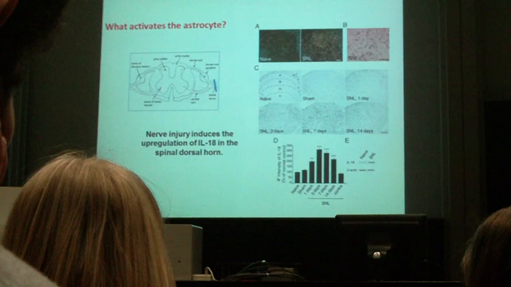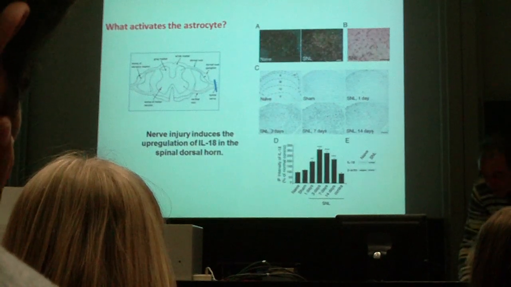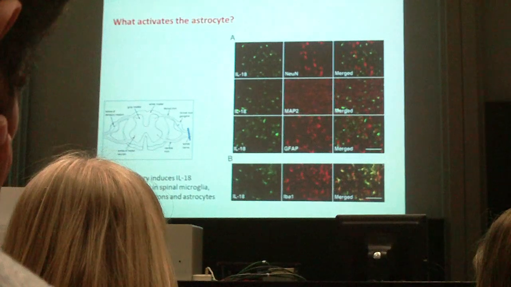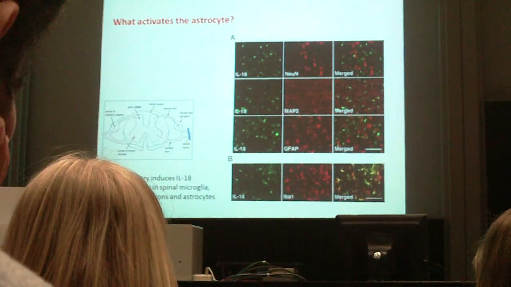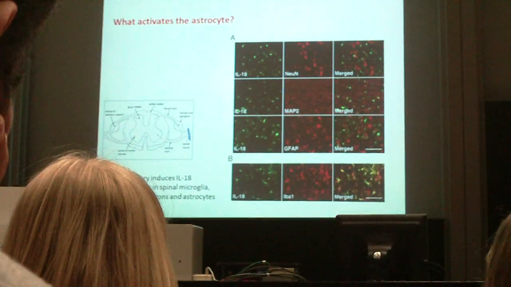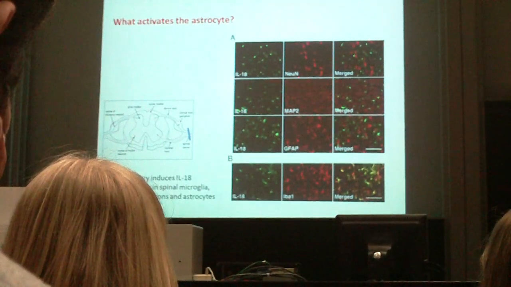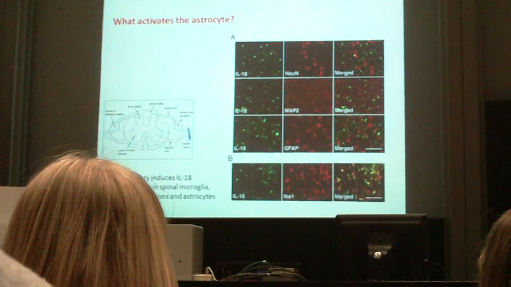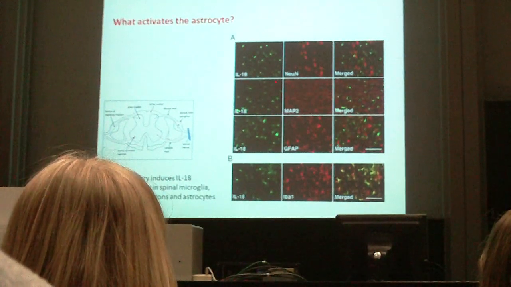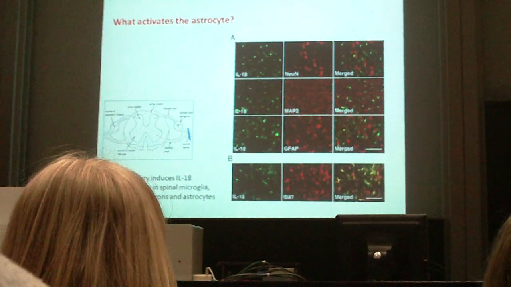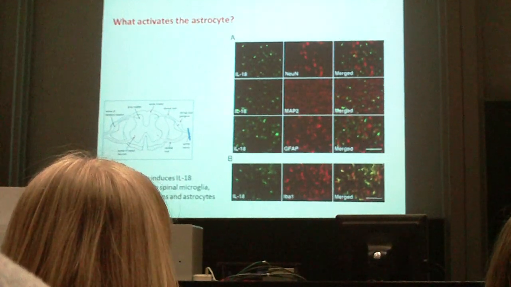Of course, that's interesting. But is this related to microglia? And then they do double stainings. This is the interleukin 18 in the dorsal horn. This is a marker for neurons. And you see there's no overlap. This is interleukin 18, this is MAP kinase, marker for dendrites and axons.